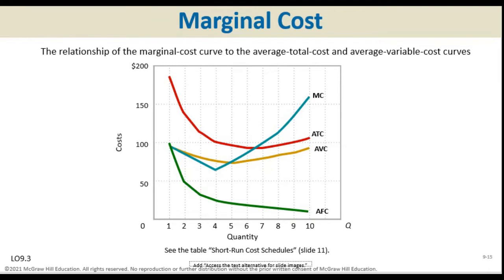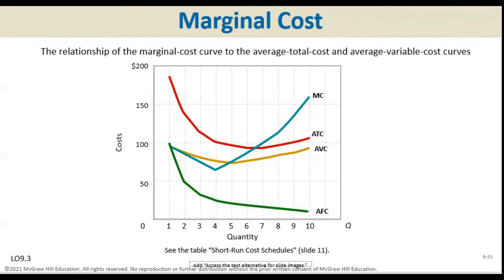A shift in the curve will happen if either resource prices or technology change. One good example is if fixed costs increase, you will see that average fixed cost and average total cost will shift up.